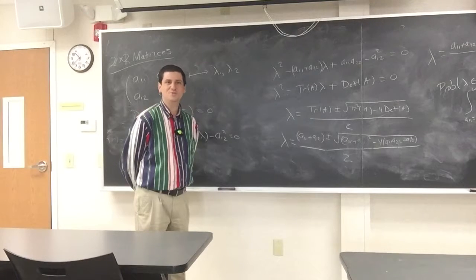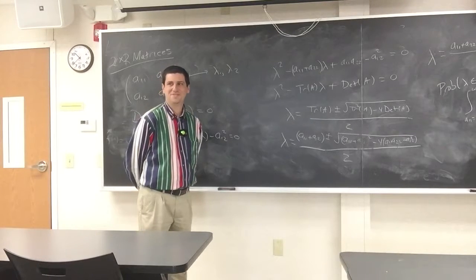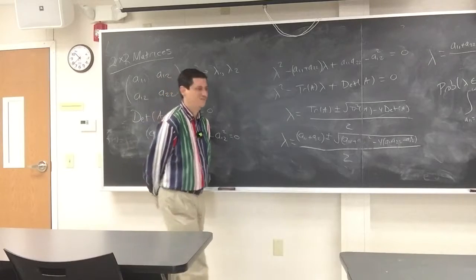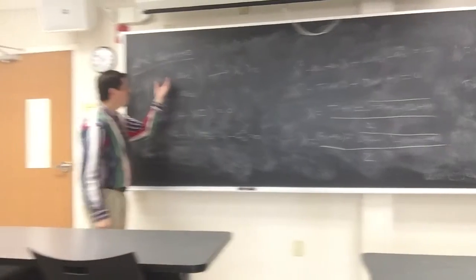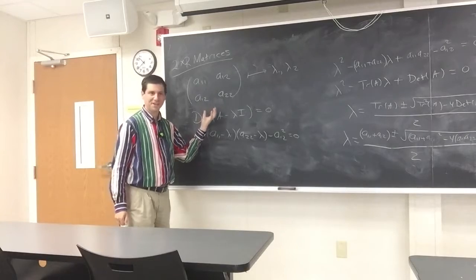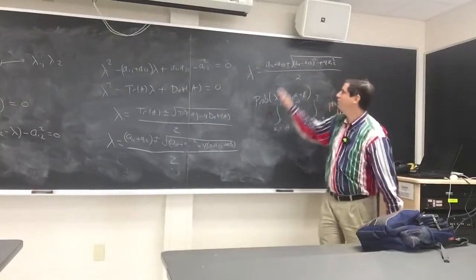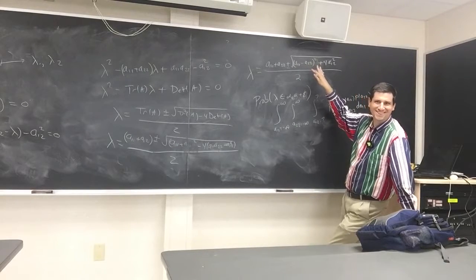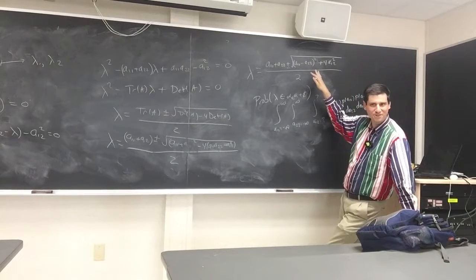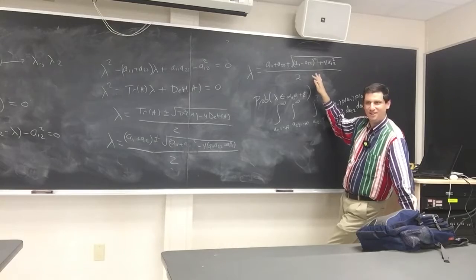What do we do after 2 by 2 matrices? 3 by 3. So now we go through and do this 3 by 3. If you thought this was doable, you can imagine what it would be like for 3 by 3. Throw in the towel again.